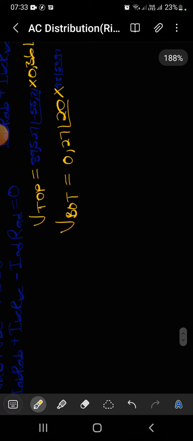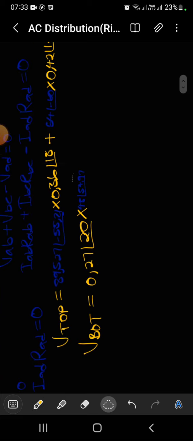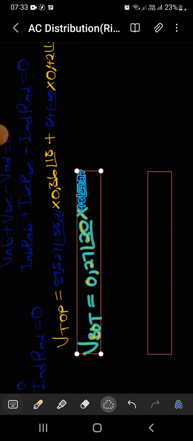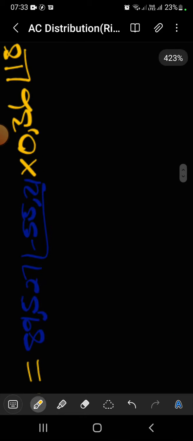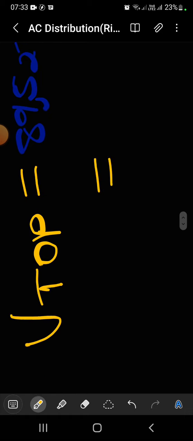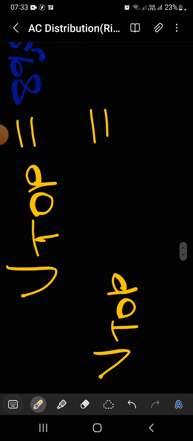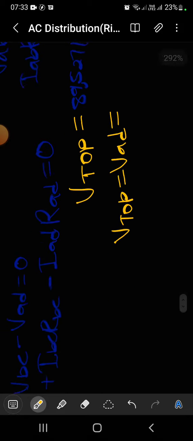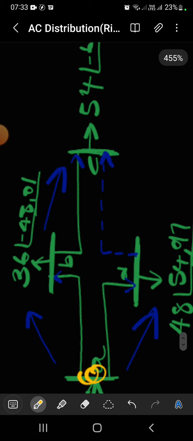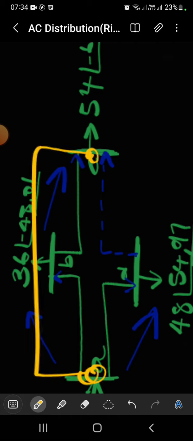Your V top is equal to VAC. Let me show you what I mean. The top section of this circuit is from A to C. That's the V top.